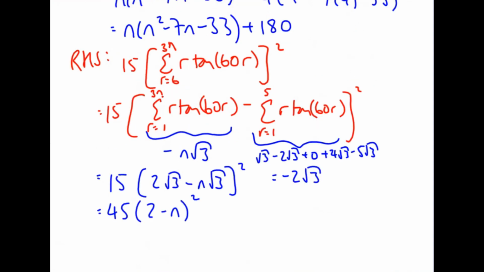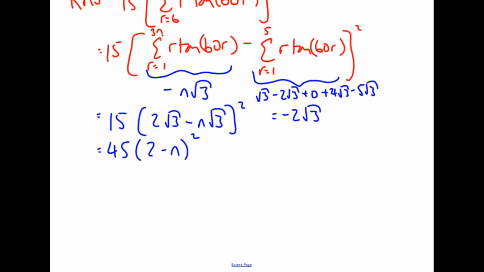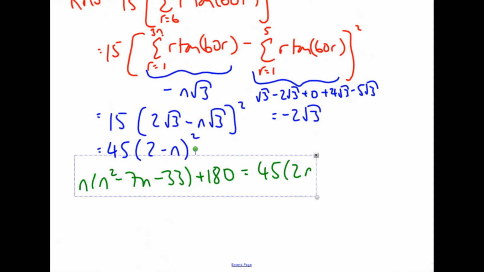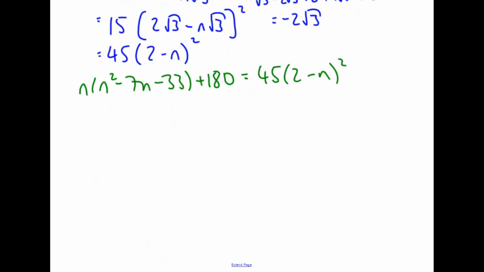We can put our two halves together now to form an equation. So the left-hand side has n squared minus 7n minus 33 plus 1 equals, on the right-hand side, 45 times 2 minus n squared, which is going to give us a cubic equation here that we can solve. So we're going to expand everything out.